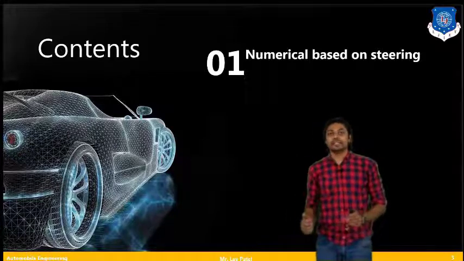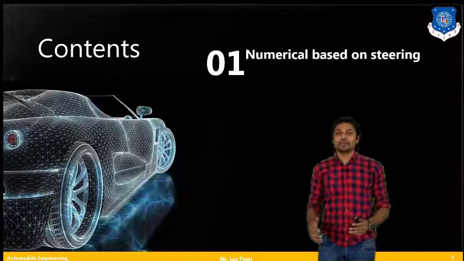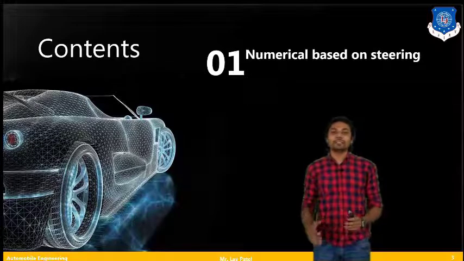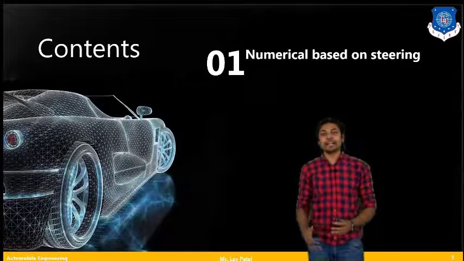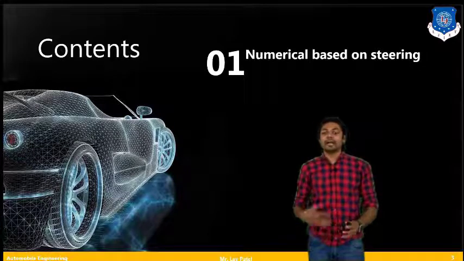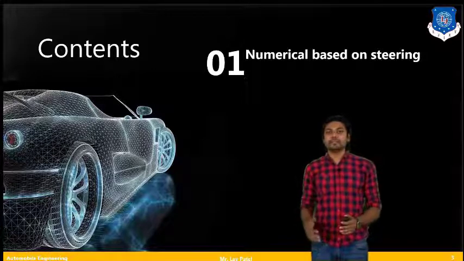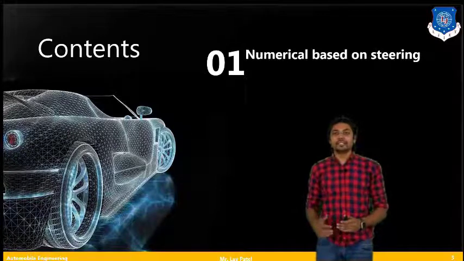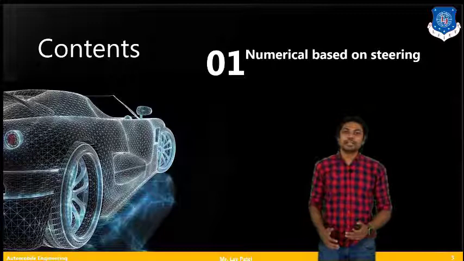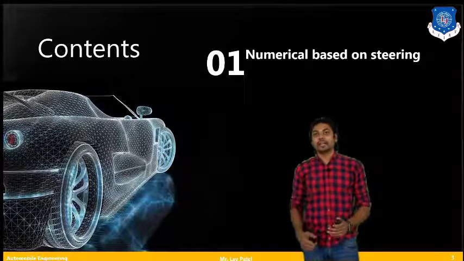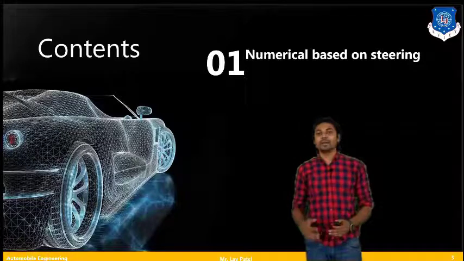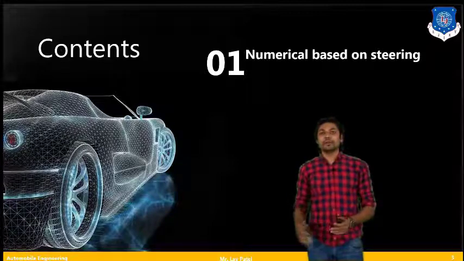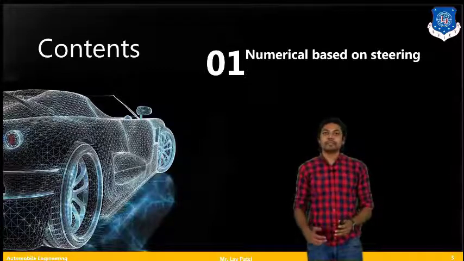So we are continuing with the numerical portion, in which today we are going to learn about numericals based on the steering system, like Ackermann steering and Davis steering, and how these two different steering systems affect overall steering performance. In today's lecture we will see Ackermann steering, what we mean by correct steering, how to calculate turning radius, and how different parameters affect overall steering performance.